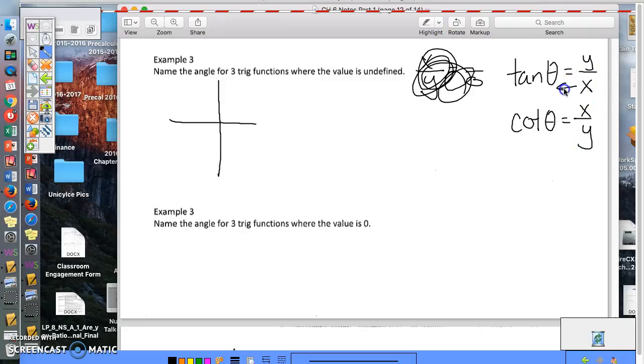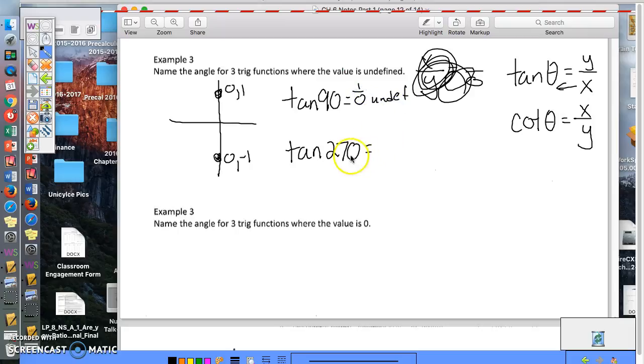So when is x 0? Well, here and here. So we could say the tangent of 90 or the tangent of 270, because this is (0, 1), (0, negative 1). And so this would be 1 over 0, so this is undefined. Tangent of 270, negative 1 over 0, so that's also undefined.